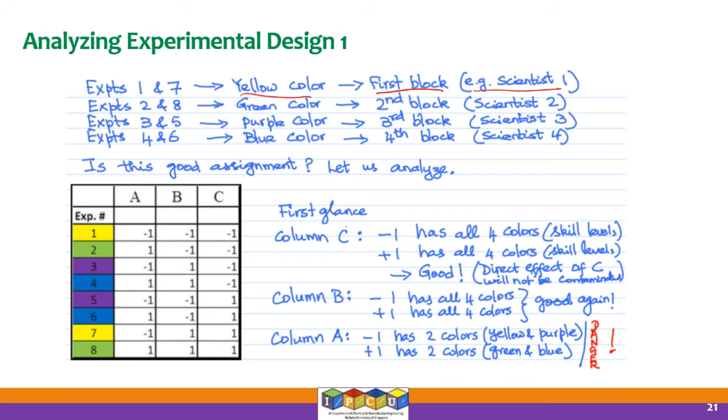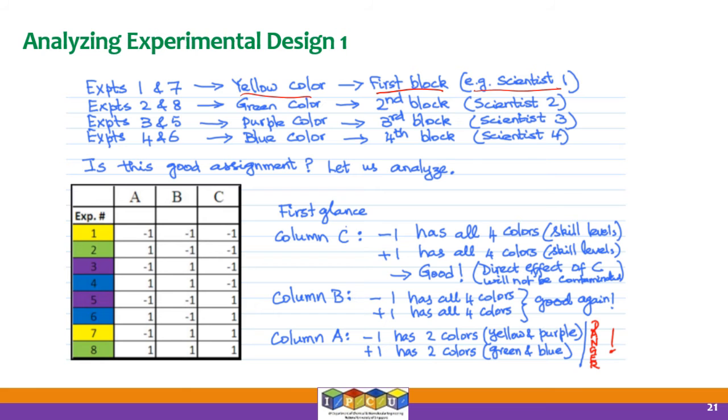Experiments 2 and 8 form the second block, assigned green color, and those two experiments are assigned to scientist 2, and so on. Experiments 3 and 5 constitute block 3, shown in purple color, and experiments 4 and 6, shown in blue color, form the fourth block. So this is the proposed assignment, and we'll analyze whether it's a good assignment or not.